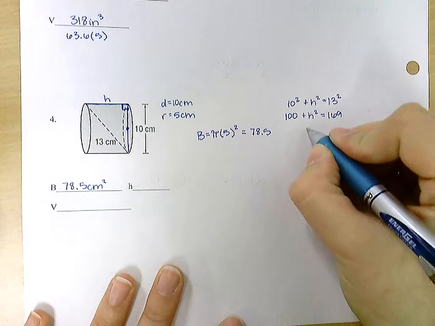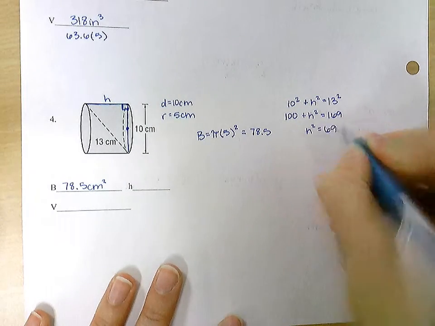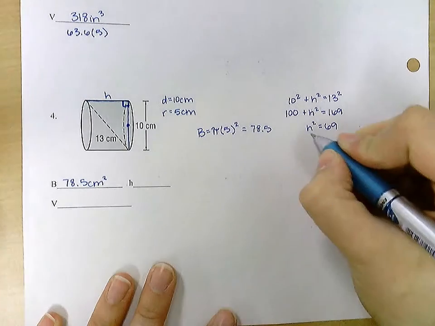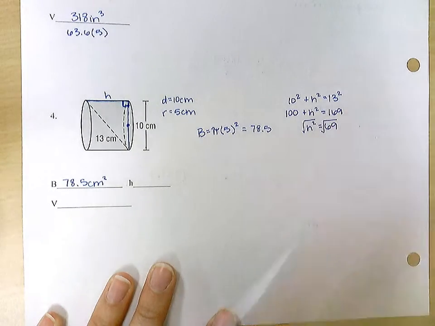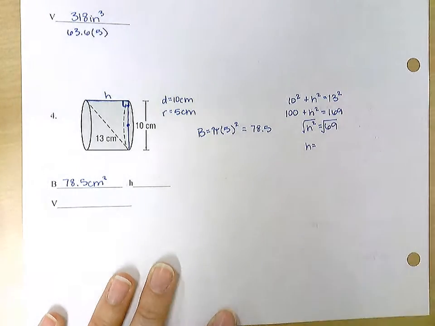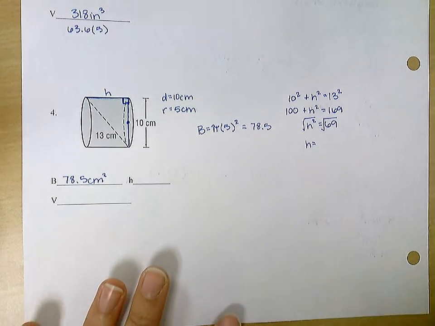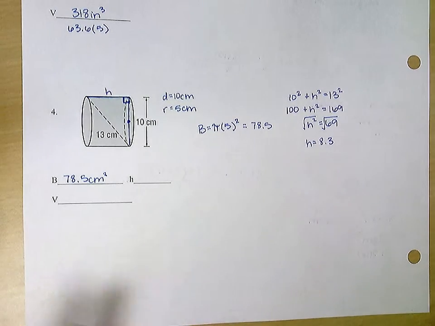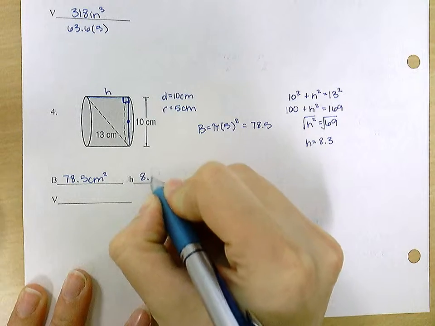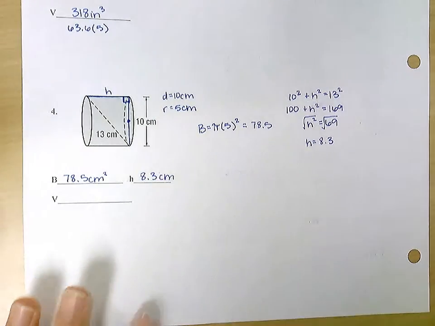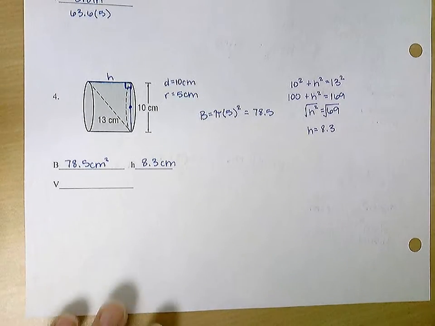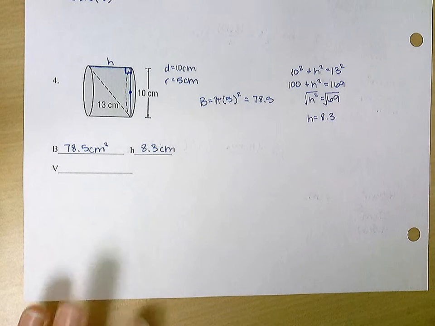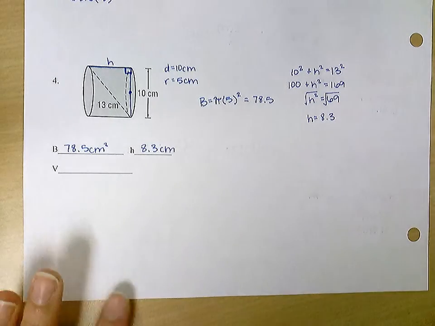Subtract 100 from both sides. h squared is equal to 69. Take the square root of both sides. h will be about 8.3. So our h value is 8.3 centimeters. So now that I have capital B and h, I can find the volume.